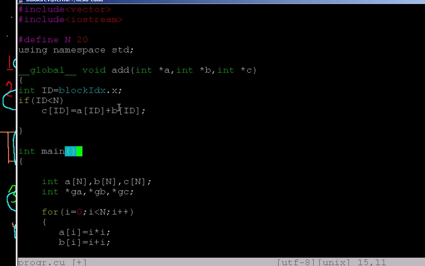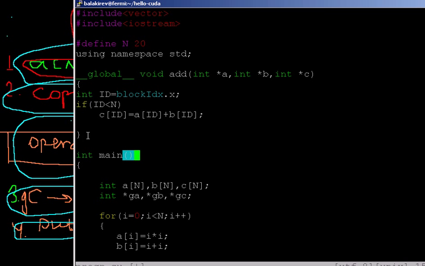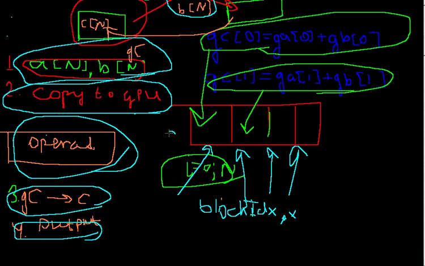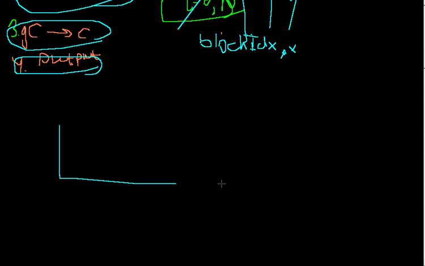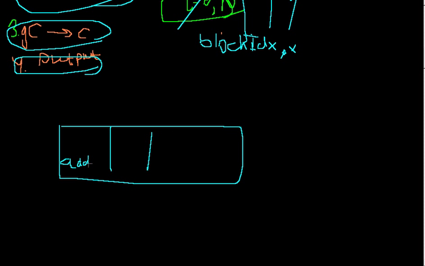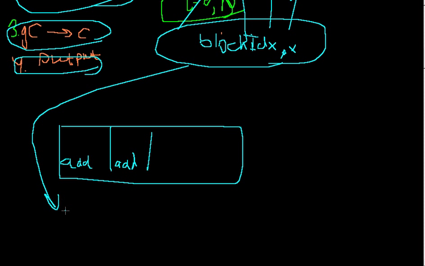That's why if I watch this code again, I say that this function add will have its own copy on every one of these unit blocks, and for every block this value will be equal to 0, 1, 2, 3, and so on.